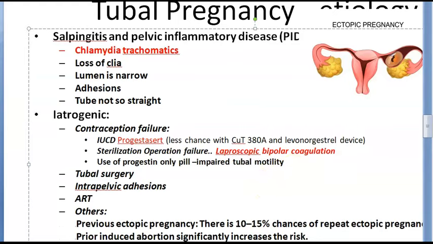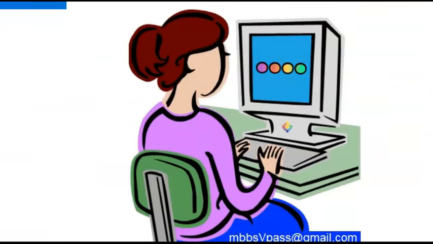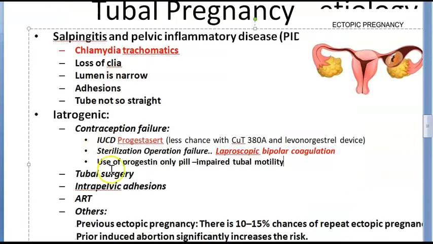So, basically, understand guys, what are we talking about? We are talking about only the contraceptive failure, under which there are 3 points, okay. Also, if they are taking a postcoital estrogen preparation, that also can lead to ectopic pregnancy, tubal pregnancy, okay.